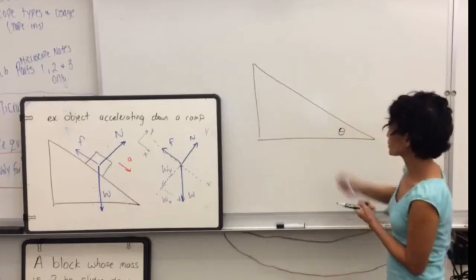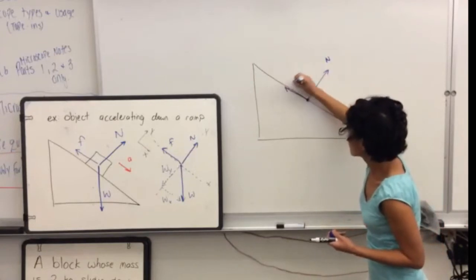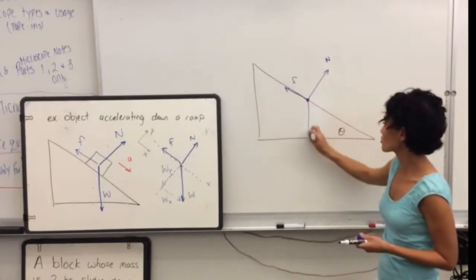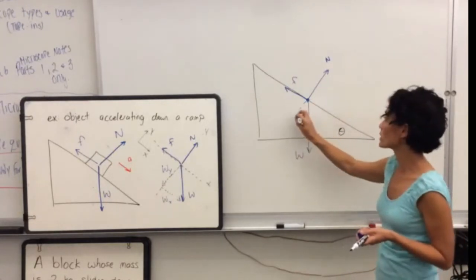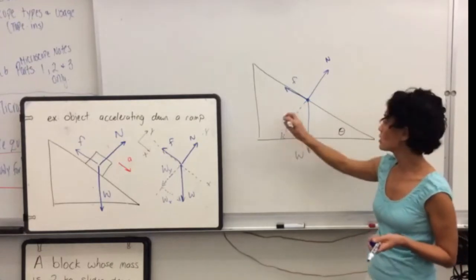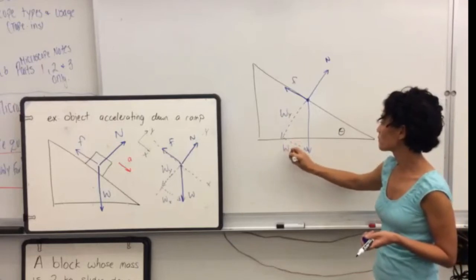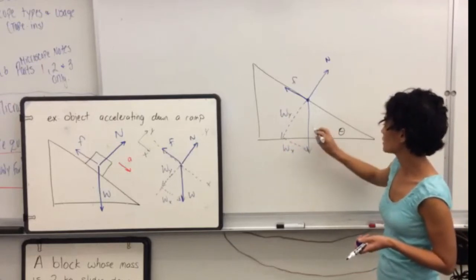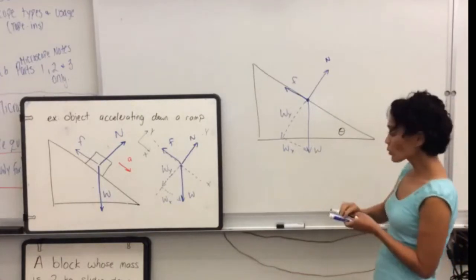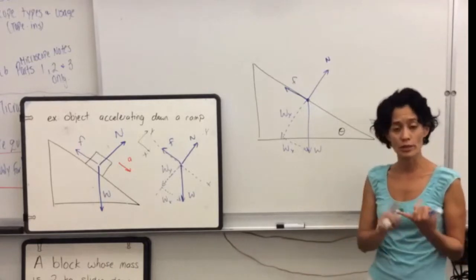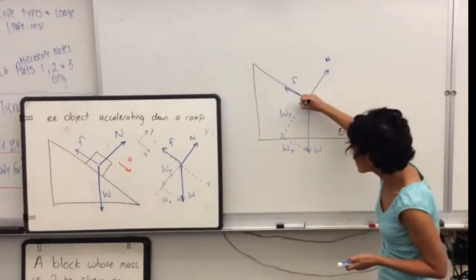If weight goes straight down, and we're going to break up our weight into components, one of the components is going to be opposite the normal force, we'll call that WY, and one of them is going to be along the x direction. In order to break up any force into components, you need to know what the hypotenuse is, easy, that's our weight, and you need to know an angle. So effectively, we need to know what this angle is.